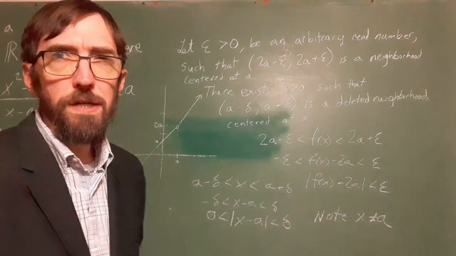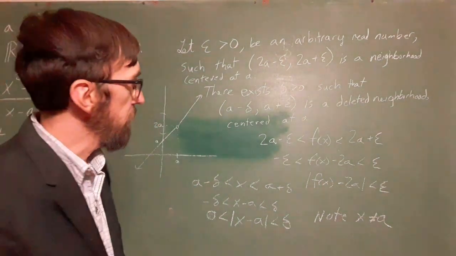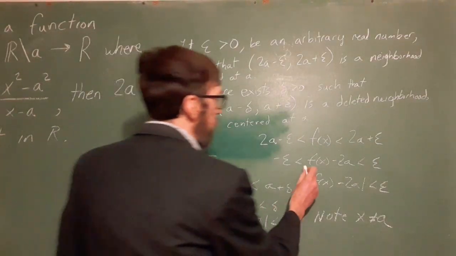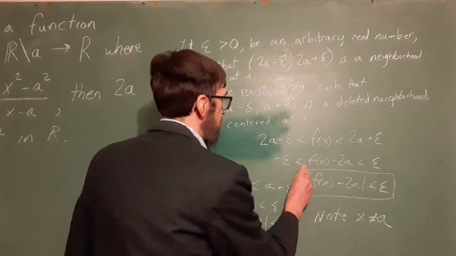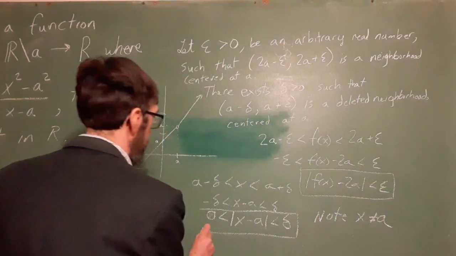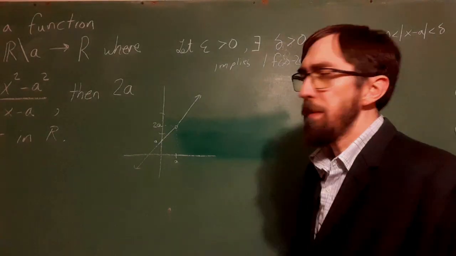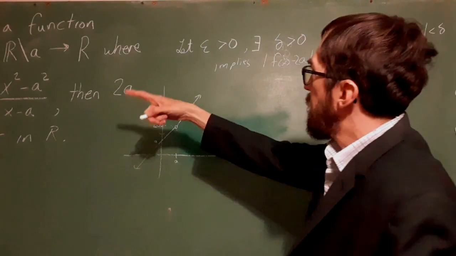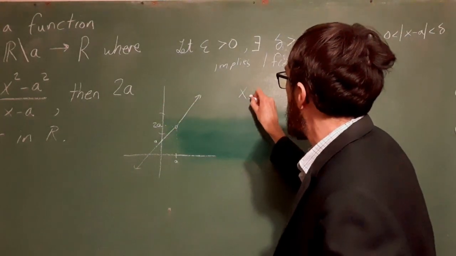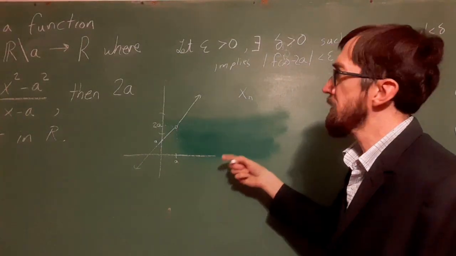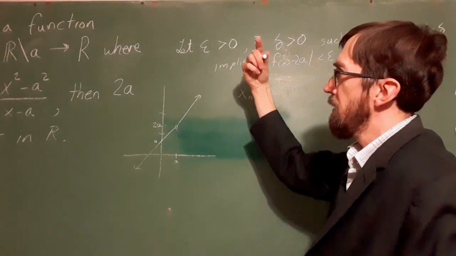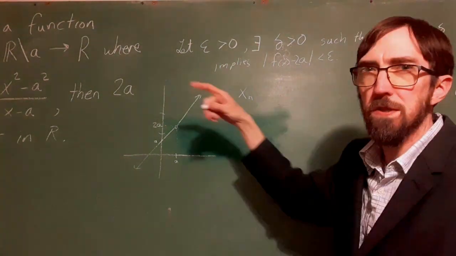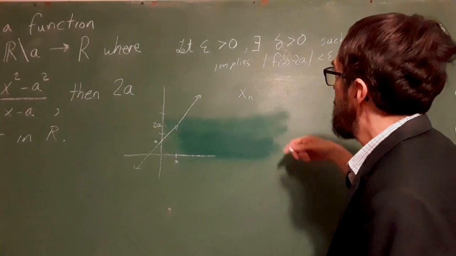So I'm going to have to erase this to continue on with the argument, but we have two very important pieces of information that we need to hold on to. This statement and this statement. I'm going to talk a little bit about individual elements here. The domain can be written as sequential elements of x sub n, where x is just some element of the domain, and we can list them out as a sequence, the first term, the second term, the third term, and so on.